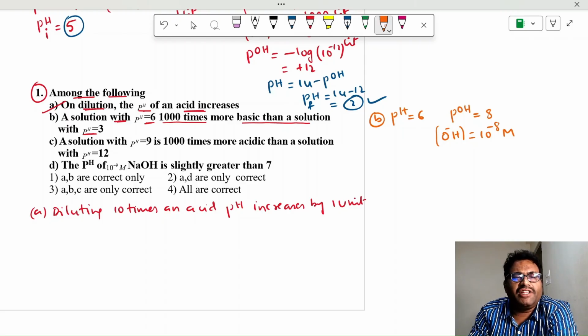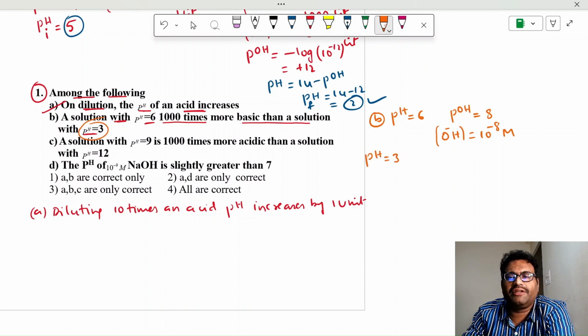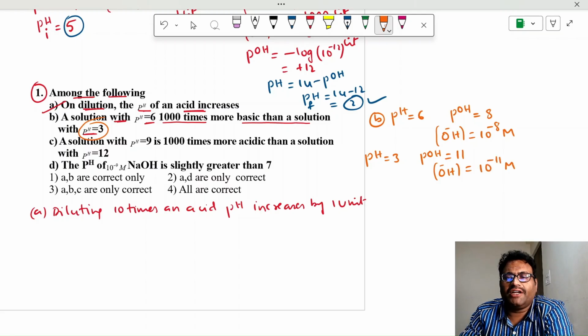Now another one is given. pH is equal to 3. Then pOH is equal to how much? 11. OH minus ion concentration is equal to 10 power minus 11 molar.